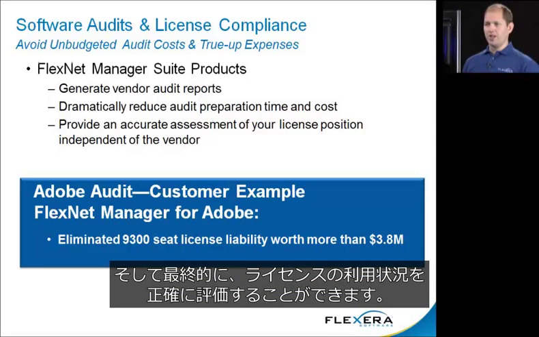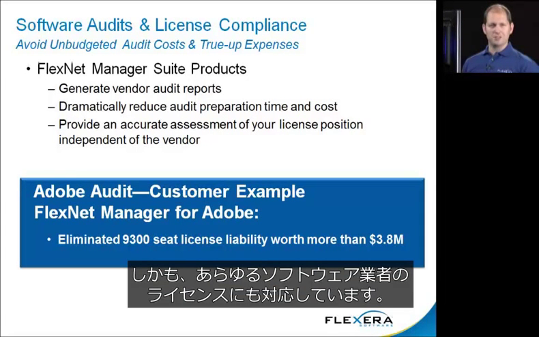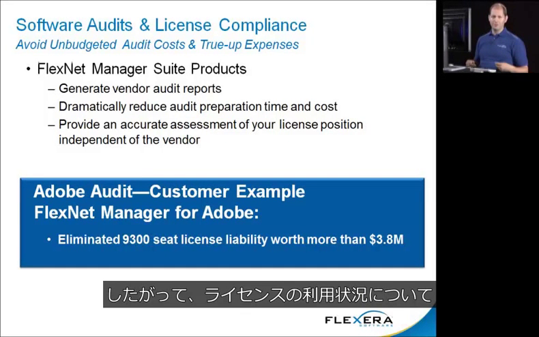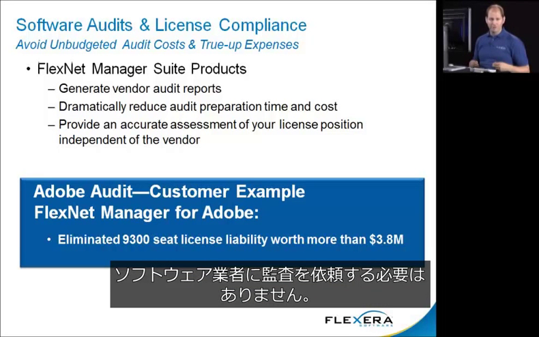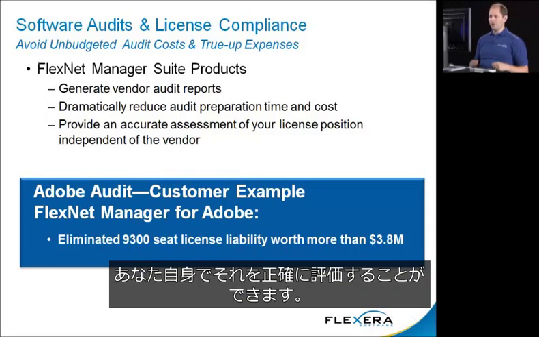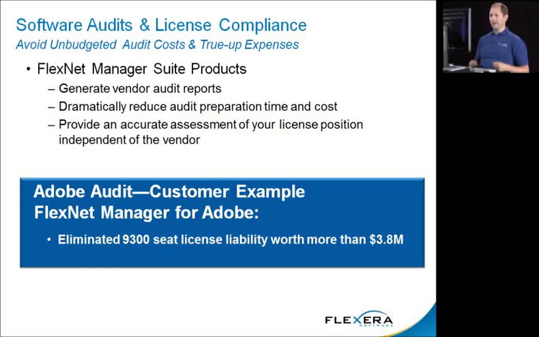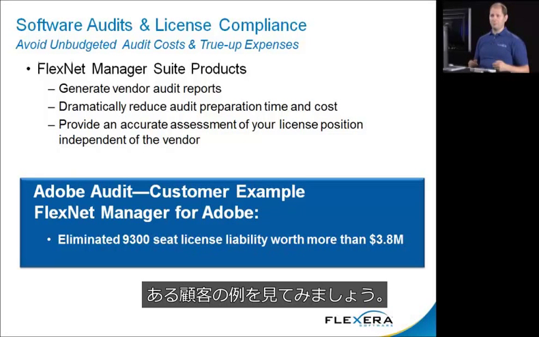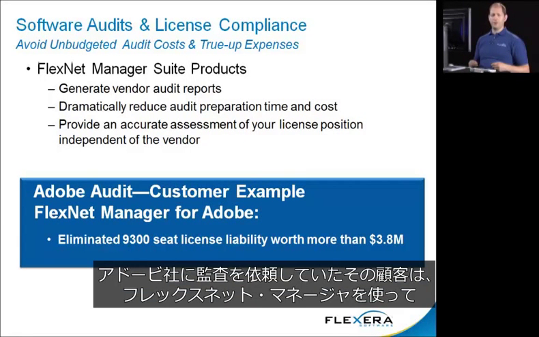And finally, we can provide an accurate assessment of your license position independent of the vendor. Without needing to notify a vendor that you're checking your situation with their software, you'll be able to come up with an accurate license assessment on your own, independently. In a customer example, they were being audited by Adobe, and they were using our FlexNet Manager for Adobe product.